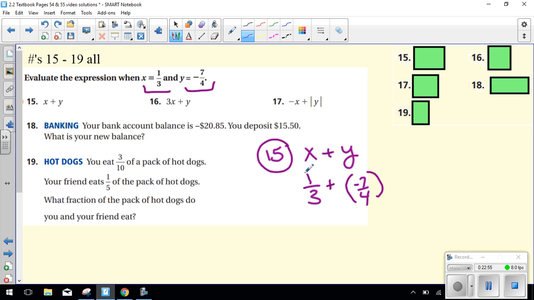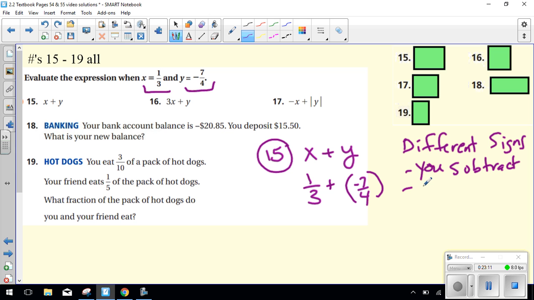Just like every other question, I'm going to look at the addition. I have two different signs: a positive and a negative. So my signs are different. Different signs, you subtract, and we keep the sign of the greater absolute value.